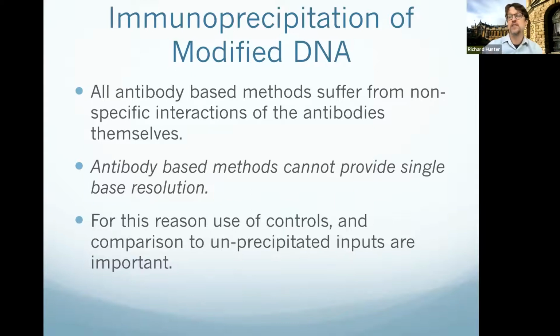And this is a problem that shows up in papers from people who know better: they ascribe single base resolution to a method that can't really give you more than, say, 40 or 50 base resolution. So that's a big caveat with these methods when you're talking about single modifications. Using proper controls, comparing to unprecipitated inputs, et cetera, are really important things when you're using these immunoprecipitation methods.